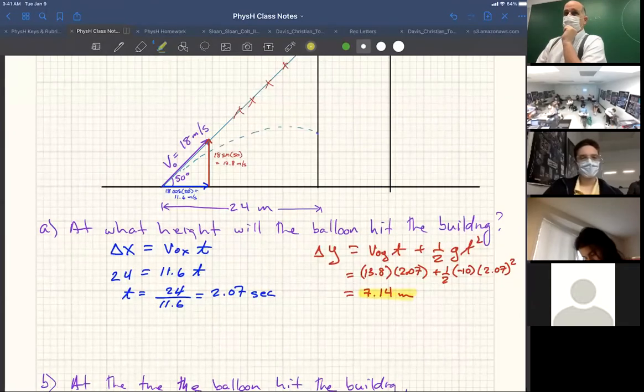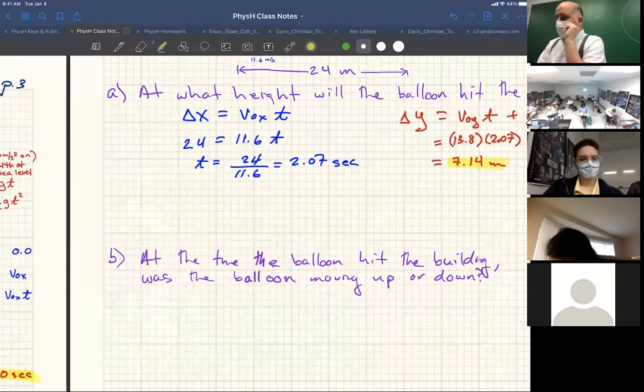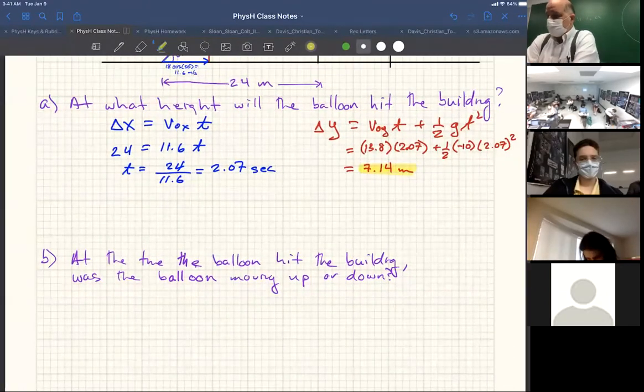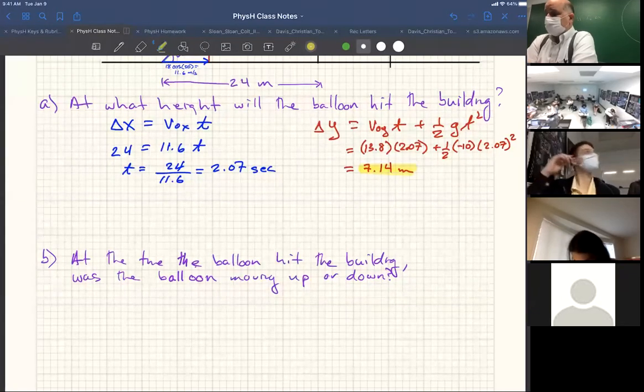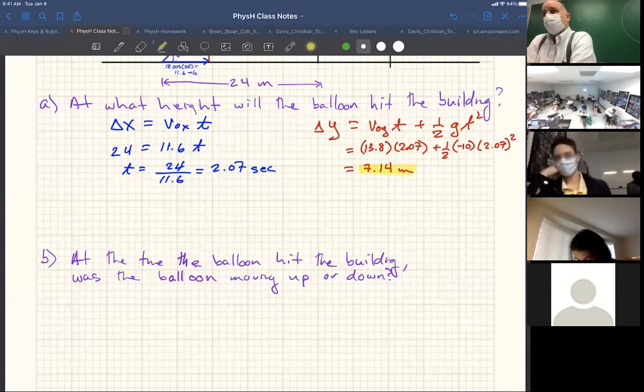You're okay with that? So Part B. What's a good way? The question is, at the time the balloon hits the building, was the balloon moving up or down? How could you answer that?